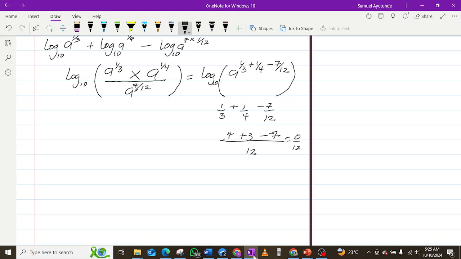And 0 divided by 12 is equal to 0. So the answer here will be equal to 0. So that will be our answer.